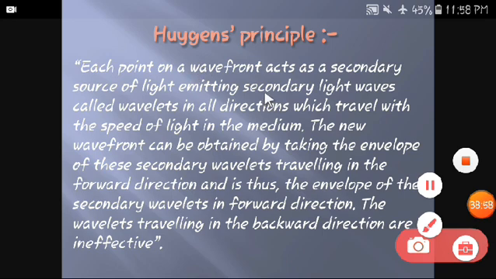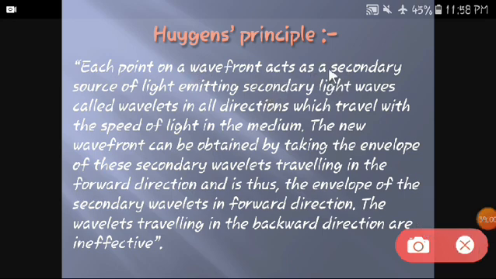Each point on the wavefront acts as a secondary source of light, emitting secondary light waves called wavelets. This is the first thing he said: each point on a wavefront acts as a secondary source of light and emits secondary light waves, and these are called wavelets.